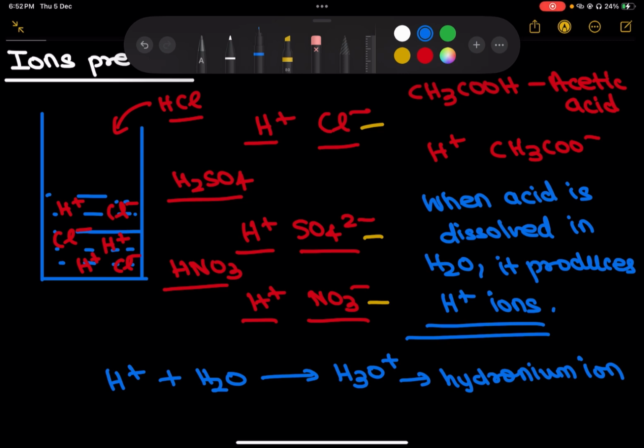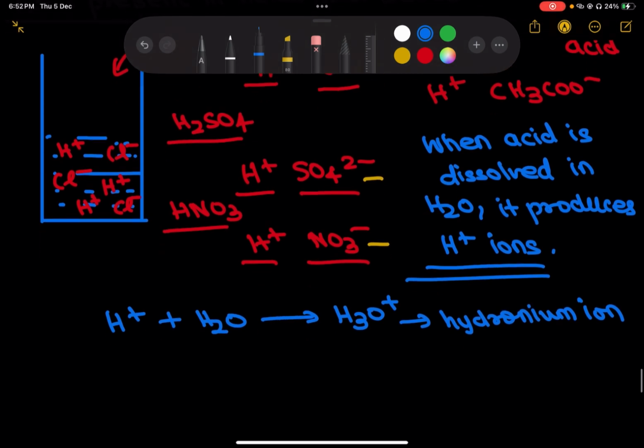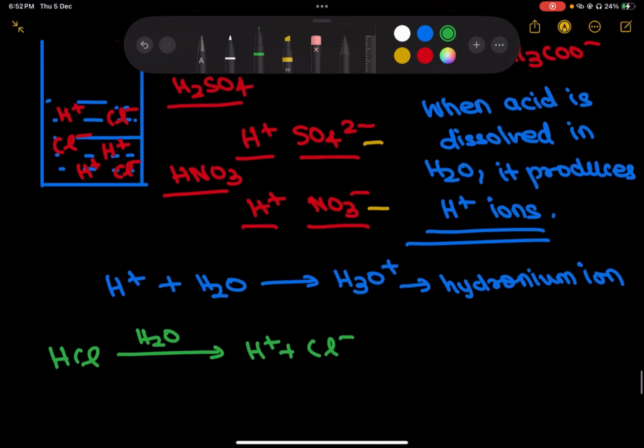When you write the reaction, for example, HCl plus H2O, on the arrow, it will form H plus and Cl minus. If you write it this way, underneath H plus you have to write aqueous, so it is present in water.